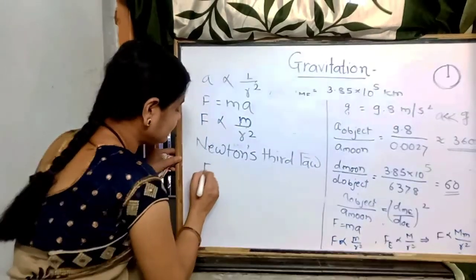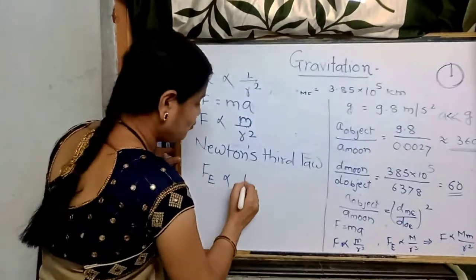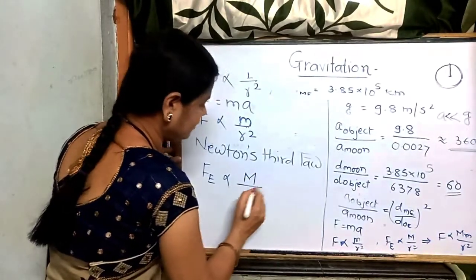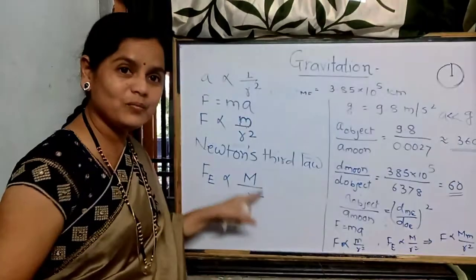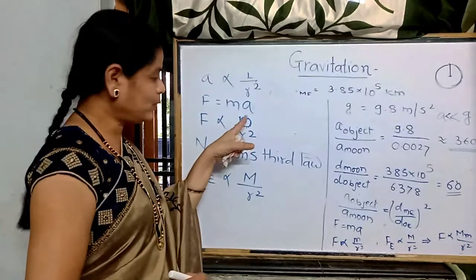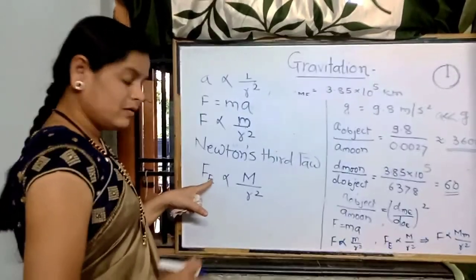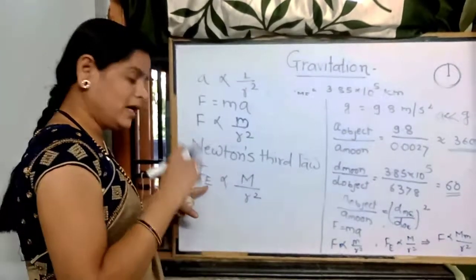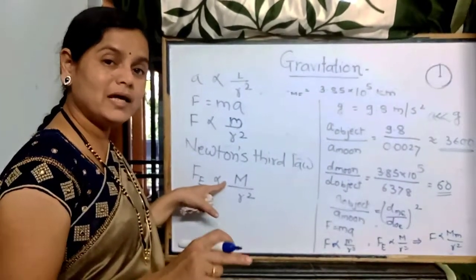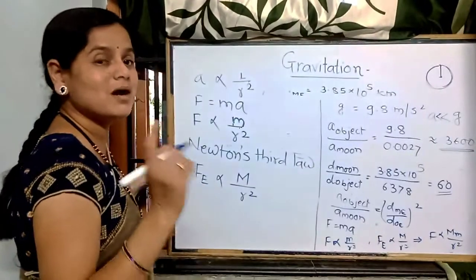Therefore, this force is also directly proportional to the mass of the earth divided by the square of the distance between the object and the earth. Right? F is directly proportional to m by r square, where m is the mass of the object, and the force experienced by the earth due to the object is equal to capital M by r square, where capital M is the mass of earth.